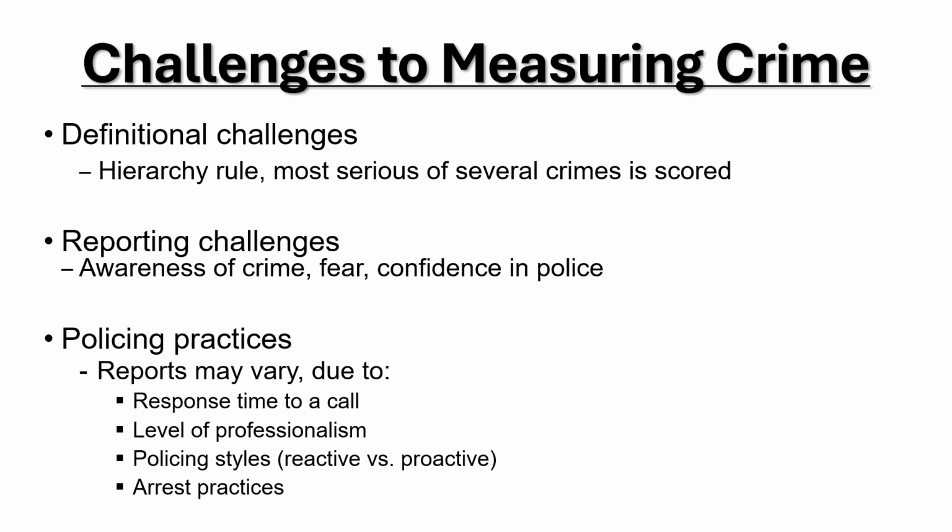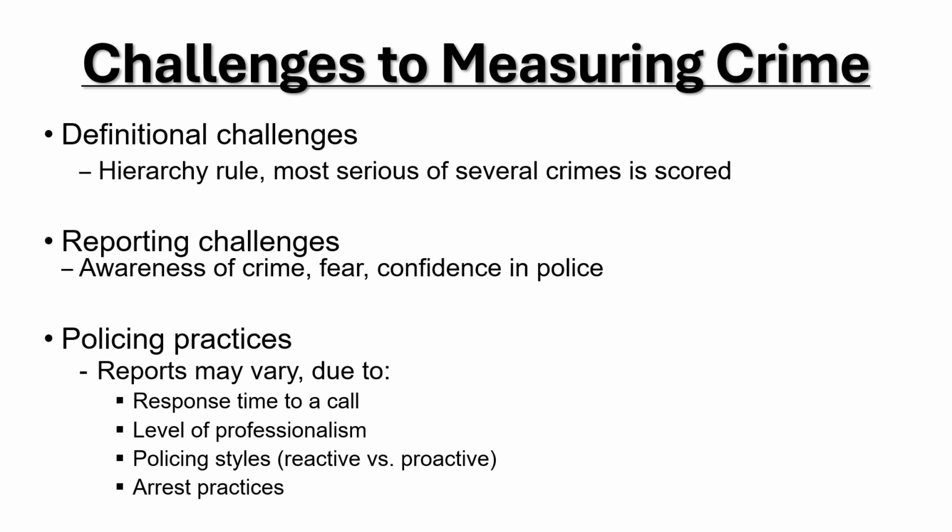But then we also have these reporting challenges. The production of data for crime databases relies on the participation of victims, witnesses, and law enforcement. There are several factors that come into play when we look at these reporting challenges. There has to be an awareness that a crime has been committed.